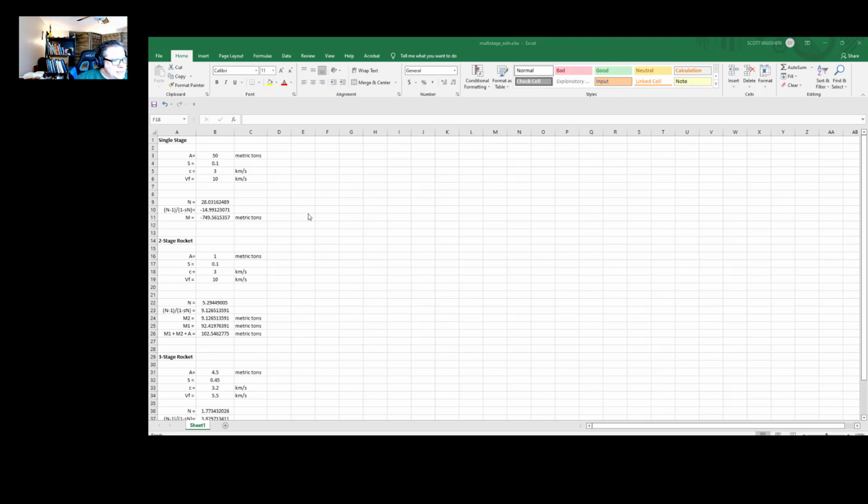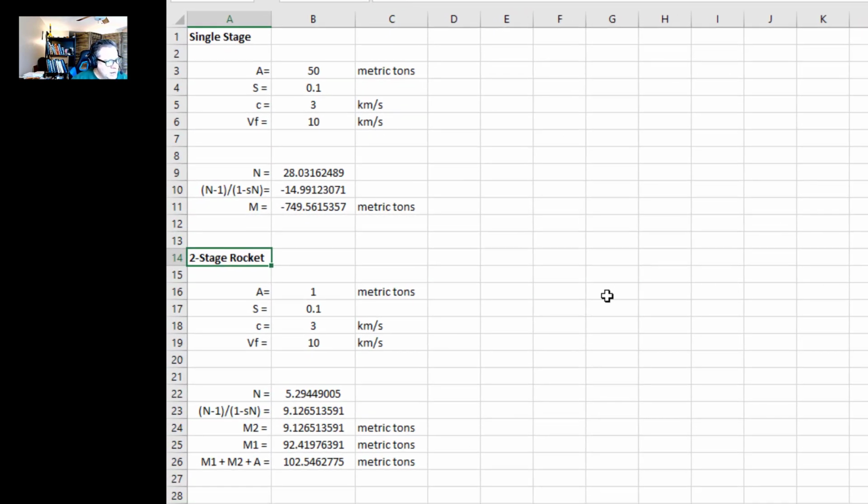Okay, so here's the Excel file where I have inputted these formulas, and at the moment I'm just going to focus on this section here for the two-stage rocket. And you can see that I have input cells for the payload mass, that's A, the structural factor, that's S, the exit velocity for each stage, which is the C value, and the final velocity required, which is this Vf.